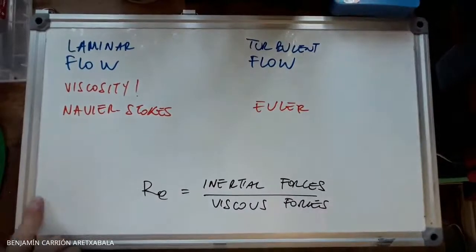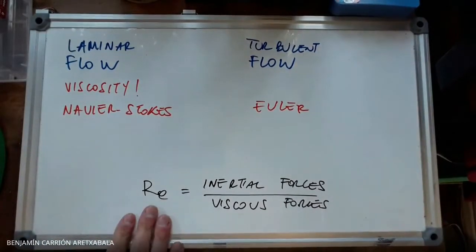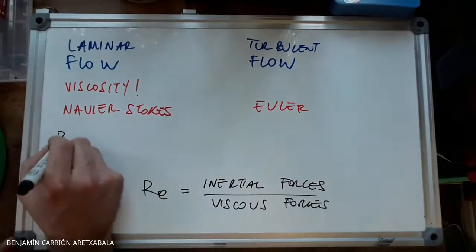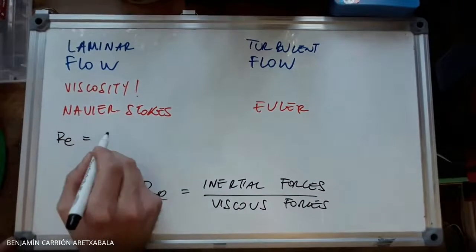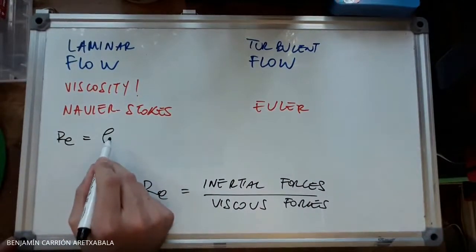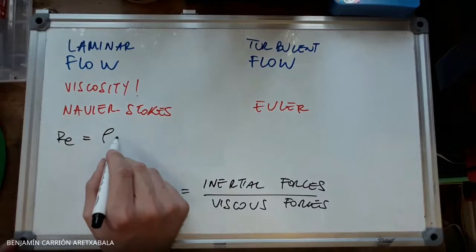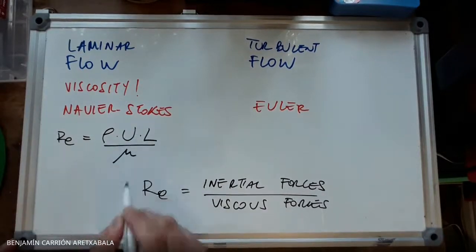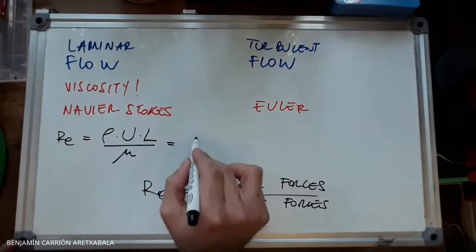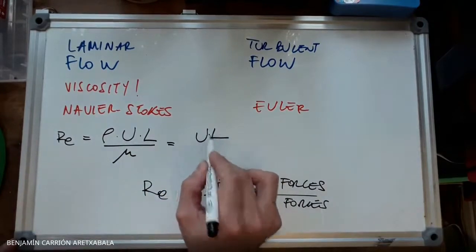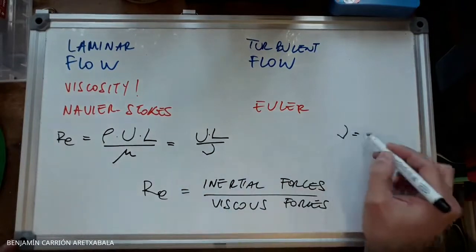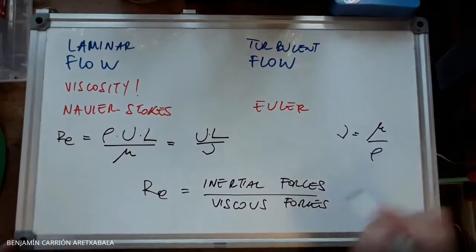Normally, the Reynolds number depends on what kind of flow we're talking about. Typically the Reynolds number can be defined as rho, the density of the flow, times a typical velocity times a typical length, divided by mu, which is the same as saying a typical velocity times a typical length divided by nu. If you recall, nu is nothing more than mu over rho.